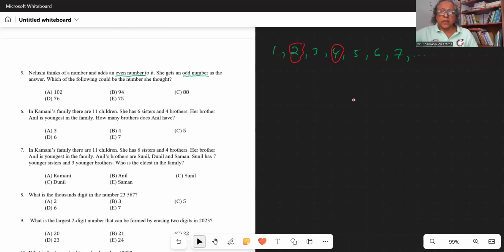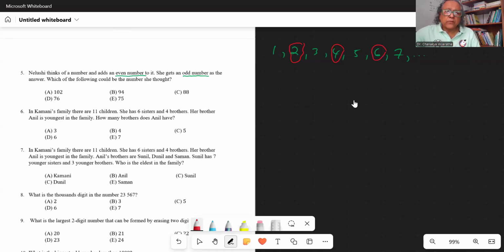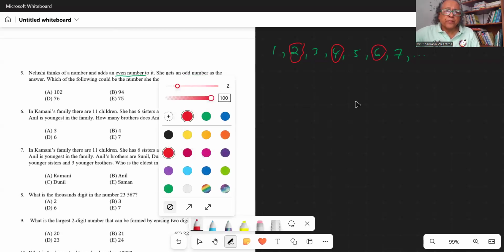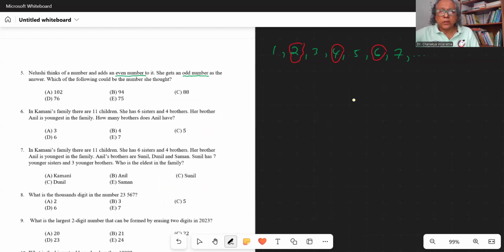And so is 6. But you can't do that for 1. You cannot cut the apple. So that's not an even number.